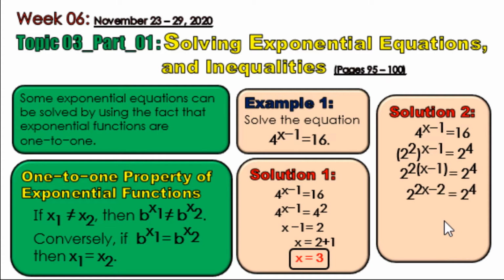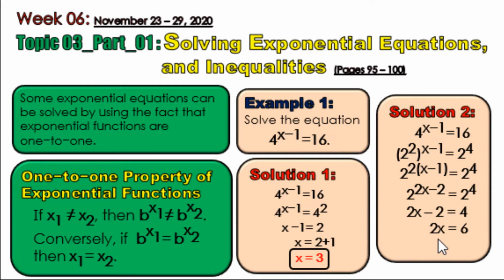Now we have the same base, which is 2. Applying the one-to-one property of exponential functions, we equate the two exponents. So we have 2x minus 2 is equal to 4, and we solve for the value of x.